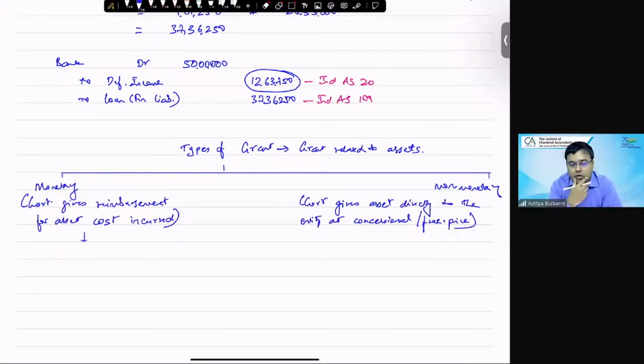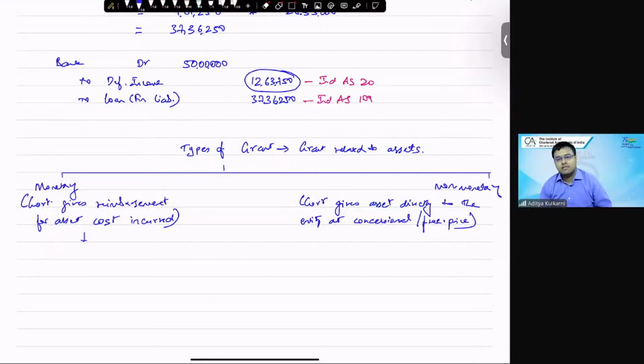So now, how am I going to account for this? First one, monetary grant. Suppose I have purchased an asset worth 300 rupees, for which government is giving me 200 rupees.